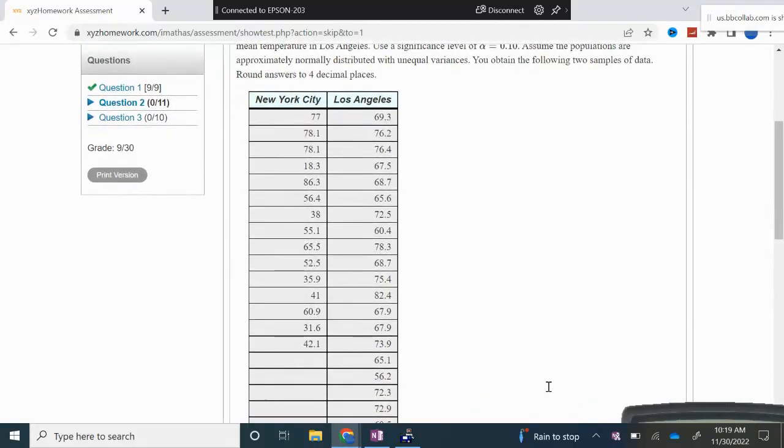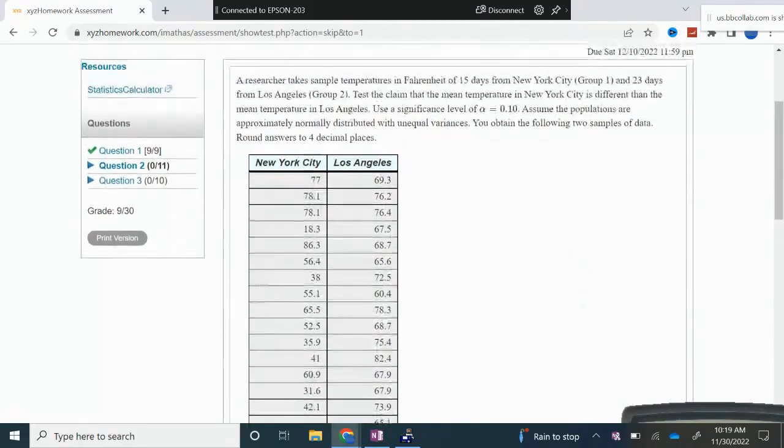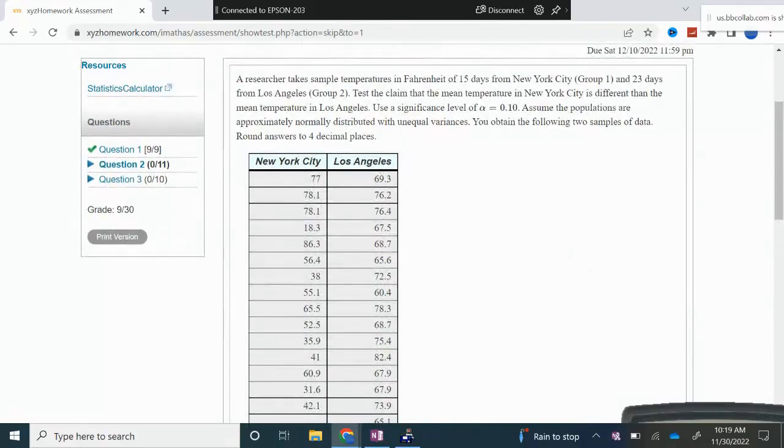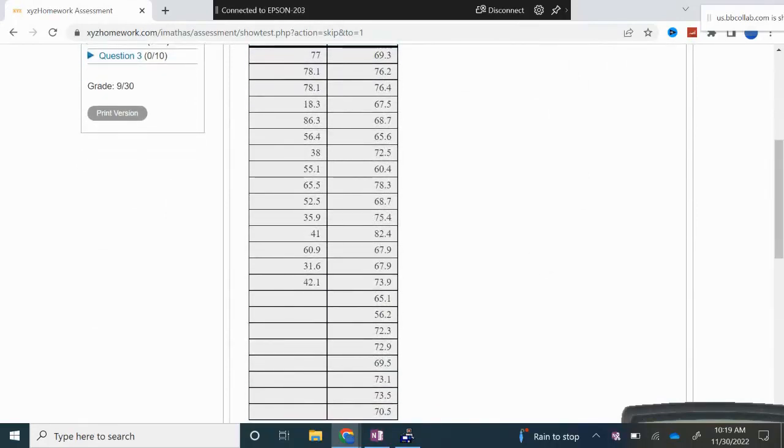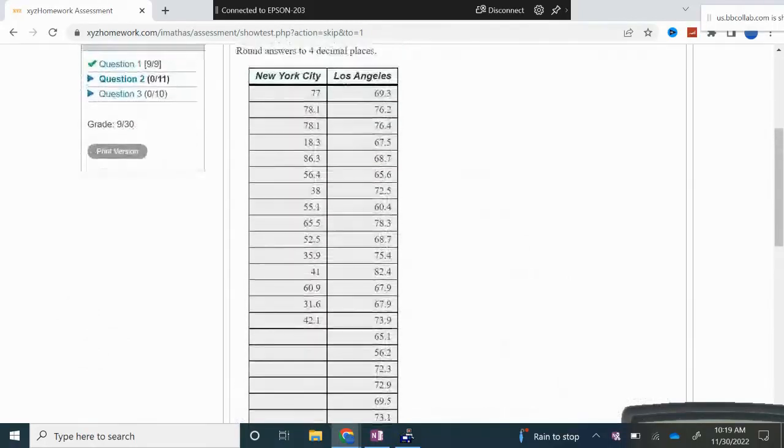So for group 1, there should be a total of 15 temperature values. And 23 days from Los Angeles, which is group 2. So for group 2, there should be 23 temperature readings.